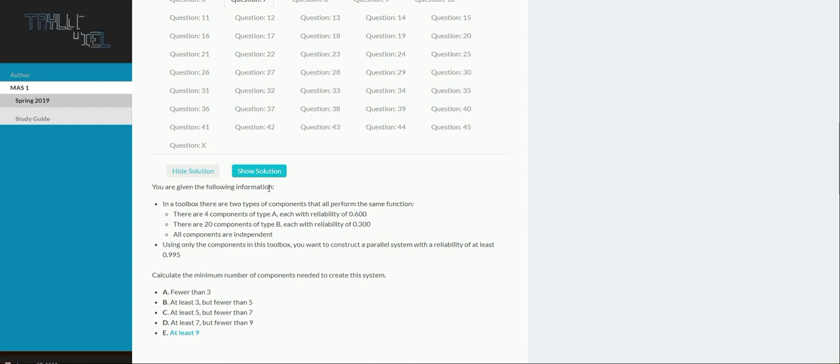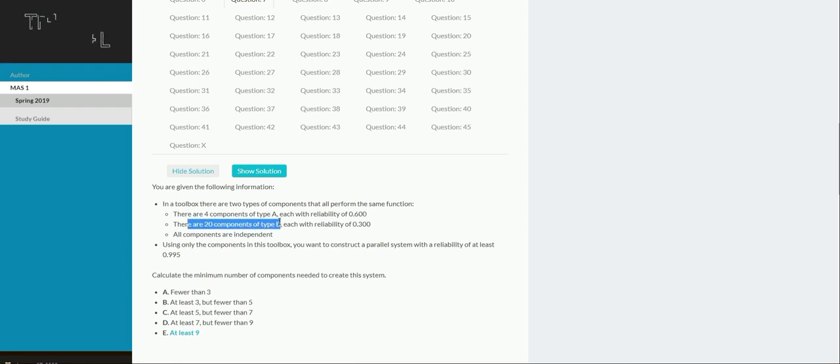So what you could do is say, is one type A component sufficient? No, 0.6 doesn't reach our 0.995. Are 2 type A components going to work? Here you'd want to do the probability of failure and check if 2 meets it, and 3 meets it, and if 4 meets it.